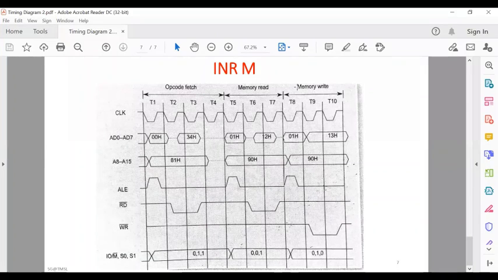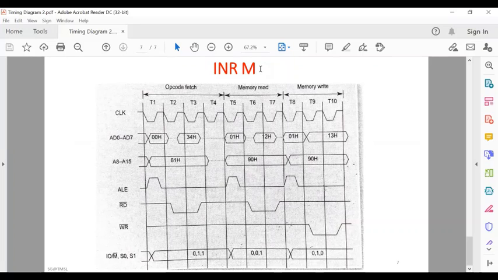INR M means increment the content of the memory location. What is M? Is it a register? No, it's an indirect memory location. Why is it called indirect? Because it is always pointed to by the HL register pair. If you can remember, I have told you in earlier classes that M is always applicable with the HL register pair.